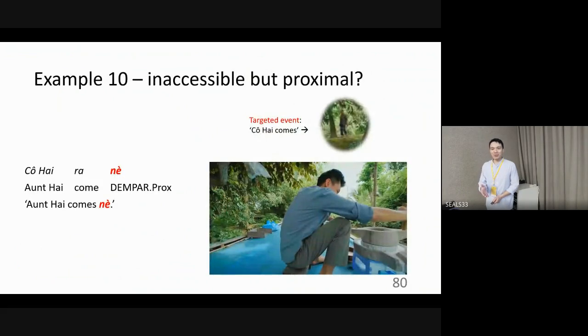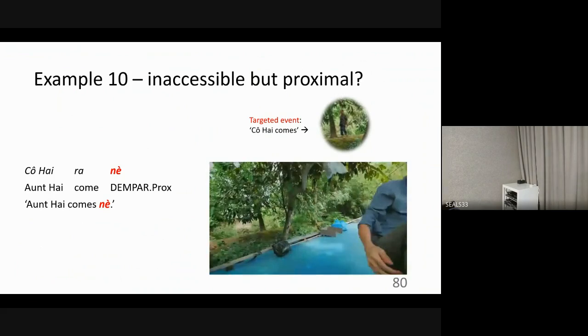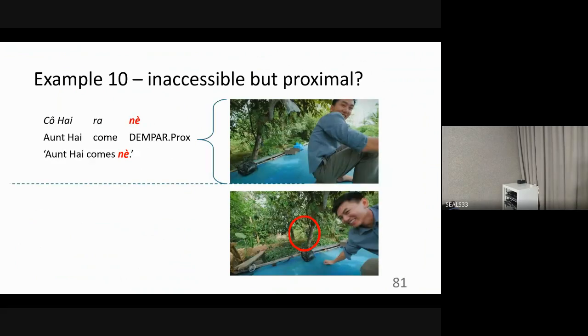And what is the case when inaccessible is marked as accessible? In this example, the speaker behind the camera is going to introduce to us a new speaker, but she's not here yet. She's there, but she's not here. Let's see. We see the reference is being marked with a proximal.